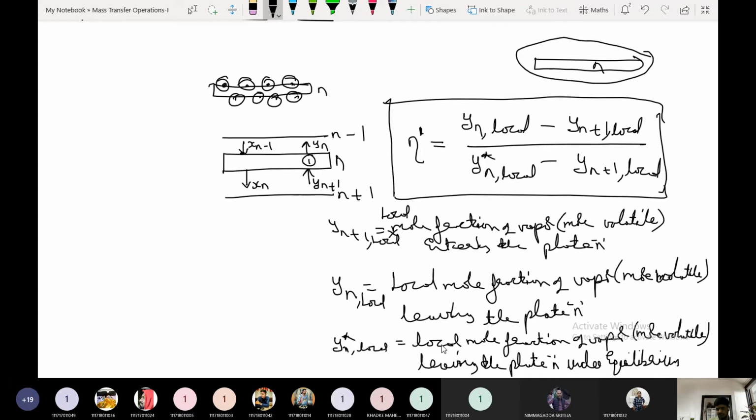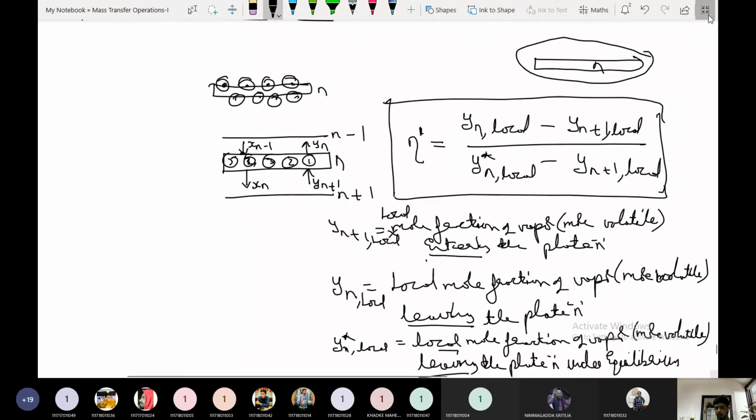So this difference is here. Local means a single point at a single location. So if this is point 1, this is point 2, this is point 3, point 4, point 5, like this. At a single point, the composition of the vapors we have to take. So yn plus 1 is the entering mole fraction, yn local is the leaving mole fraction, and this yn star local is nothing but the leaving mole fraction, but at equilibrium conditions or ideal conditions.